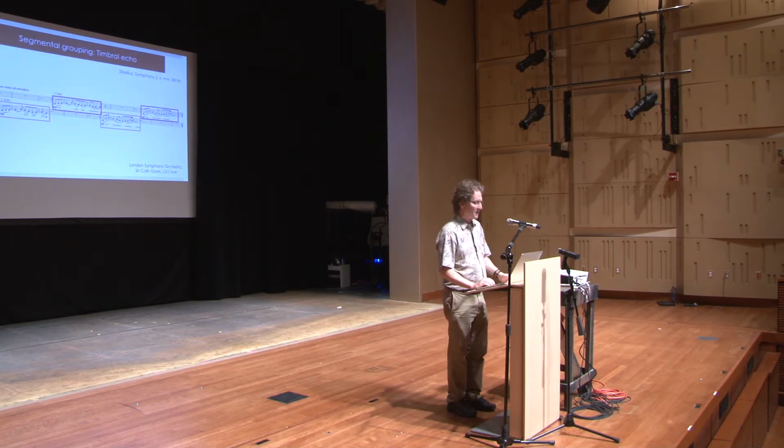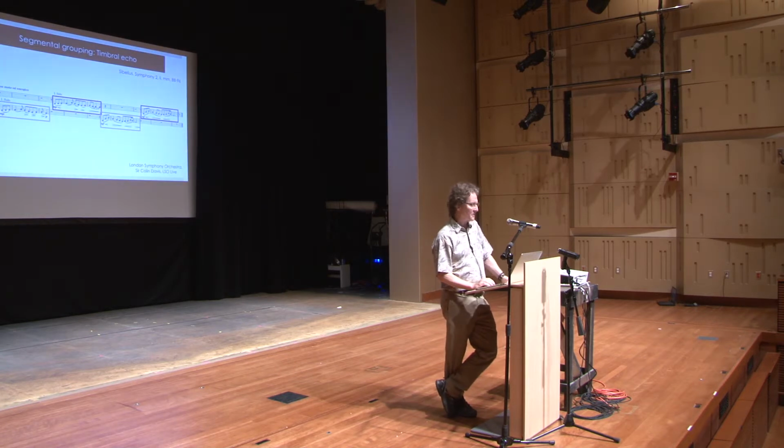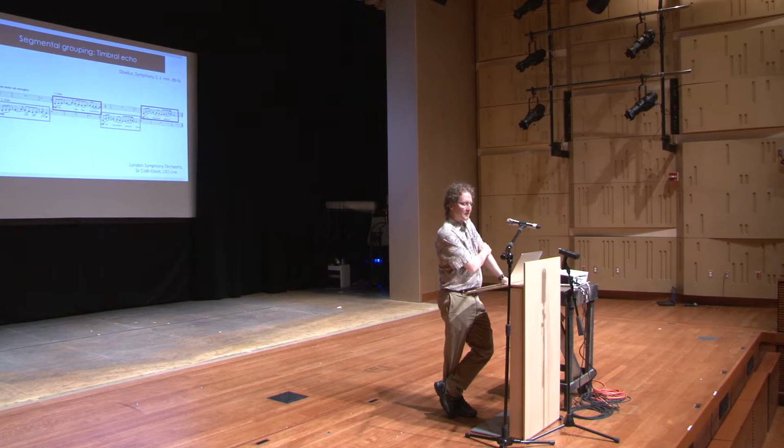Here's another example. This time it's a timbral echo, and this comes from Sibelius' Second Symphony. Rimsky-Korsakov writes often of the notion of timbral echoes in his orchestration treatise. The basic idea is that the echoing instrument should somehow evoke a greater distance from the listener than the original instrument. Generally, distance is signaled by the direct-to-reverberant ratio, but also by a filtering of higher frequencies as they get absorbed by the air or surrounding things in the environment, and also by lesser loudness.